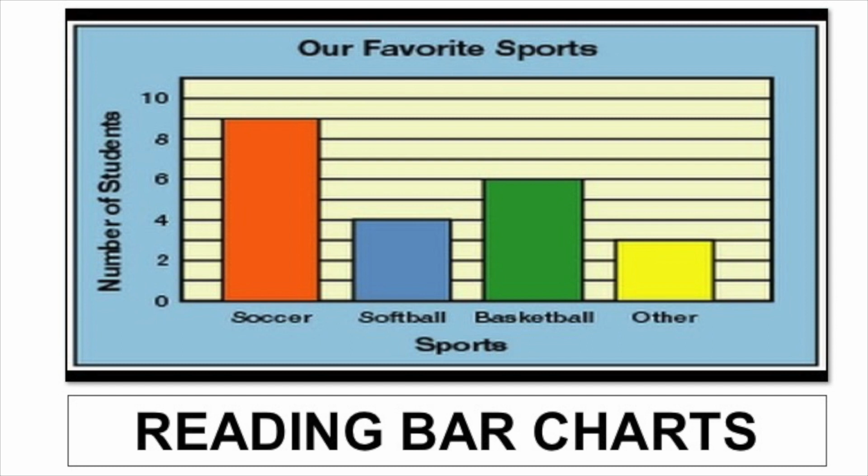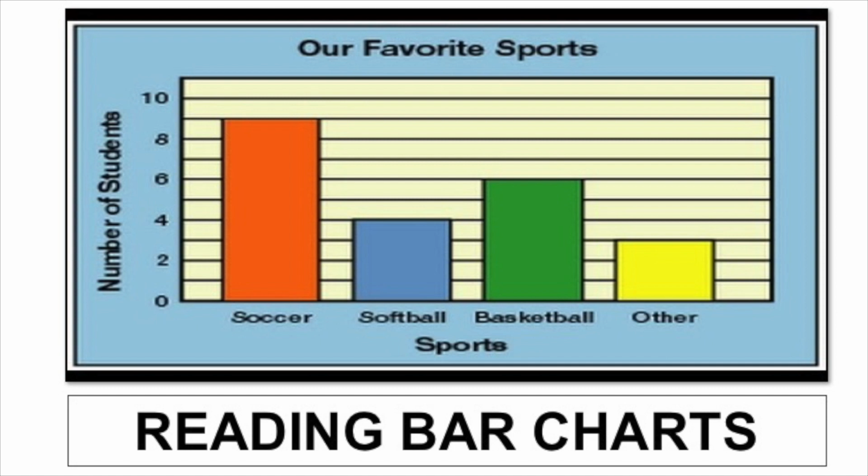Yes, and here on the picture you can see an example of a bar chart. How many different bars can you see? 4. And each bar represents a different sport, because the title of this bar chart is Our Favorite Sports.